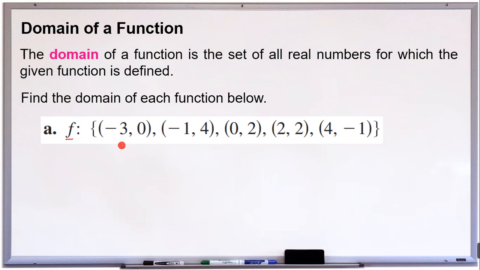So what we need to do is simply make a list of the x values that are present. For the domain, we have -3 as the x value of the first ordered pair, second is -1, third is 0, fourth is 2, and finally 4. Therefore, this is the domain of this function.